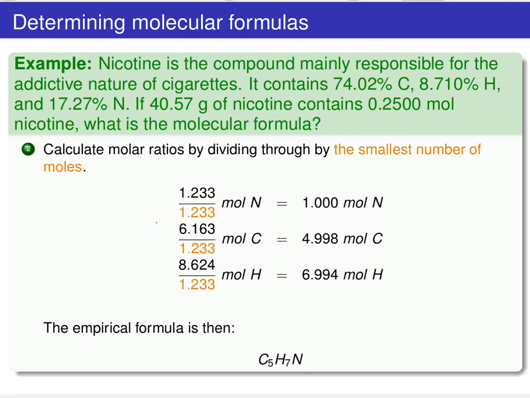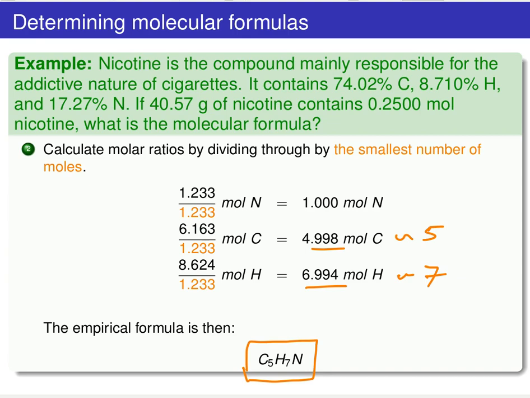Now this was actual experimental data, so as a result, we are going to be looking at values here that are not quite integers. So we're going to have to know that this is approximately 5, this 6.994 is approximately 7, and that will give us the empirical formula C5H7N.